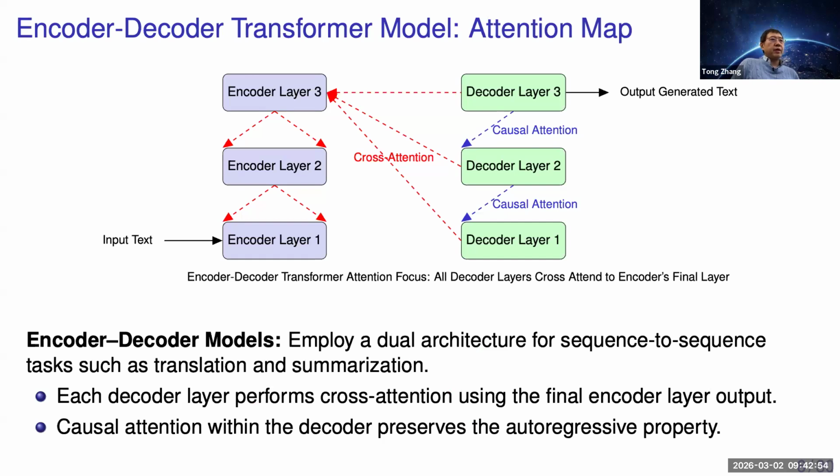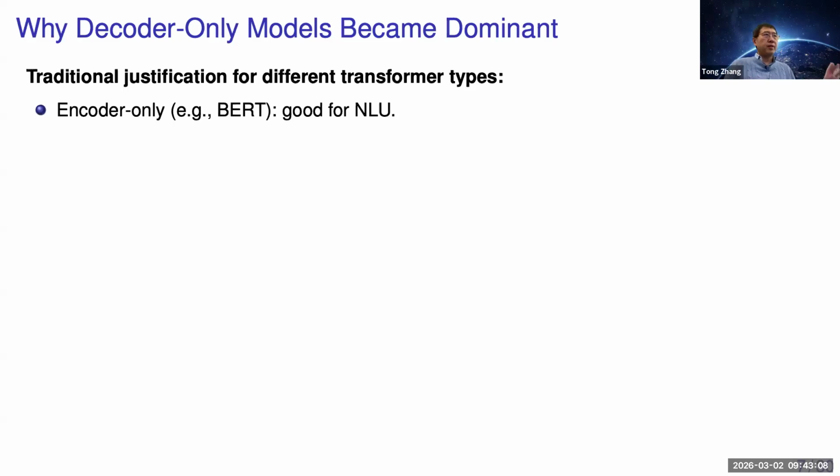It employs a dual architecture, so each performs cross attention and so on. So this is again something we know. Basically, these three architectures have all appeared in recent times, in real models that try to handle natural language.